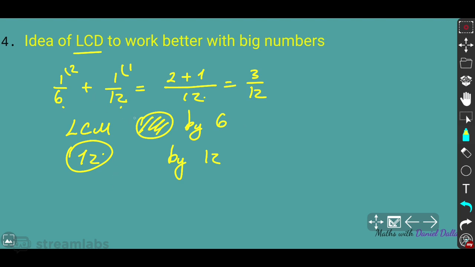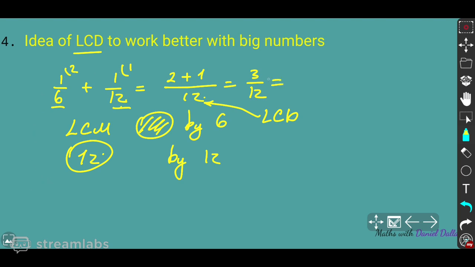So the lowest common denominator is an LCM, which is the lowest possible number divisible by 12 and by 6 in our case. Because now you want to understand which factor will appear on top of the left fraction and the top of the right fraction, you simply need to divide the LCD, the lowest common denominator, by each denominator here to get 2 and 1.